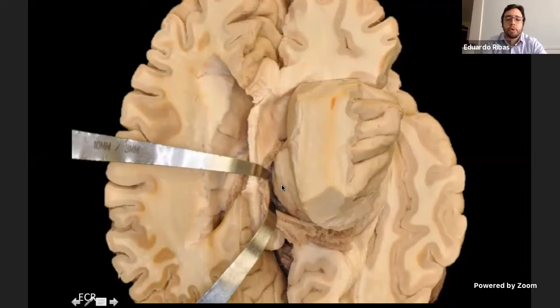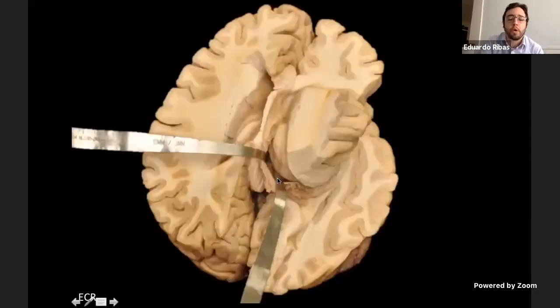The choroidal fissure can be used as a surgical route here to the roof of the third ventricle, but here we are just seeing how these structures are just put together, but they are not connected. The fornix is just wrapping the thalamus, but they are anatomically separated by the choroidal fissure. So if we open the choroidal fissure superiorly, we'll reach the roof of the third ventricle.